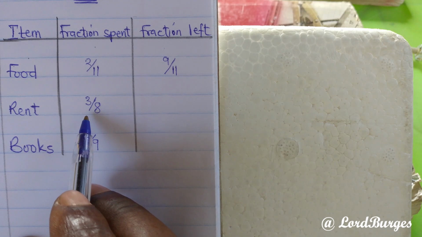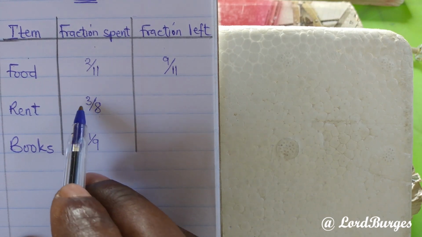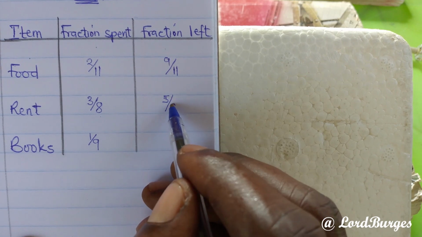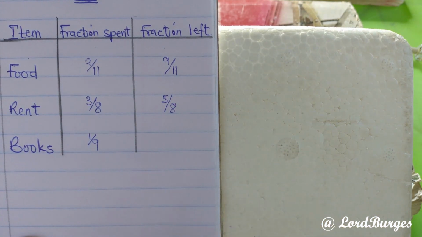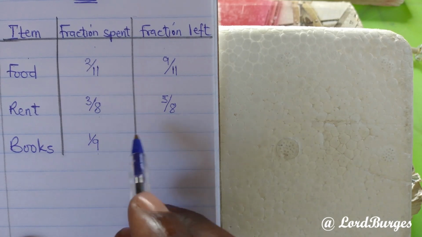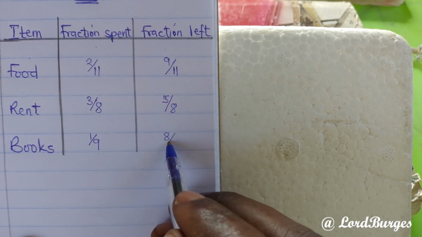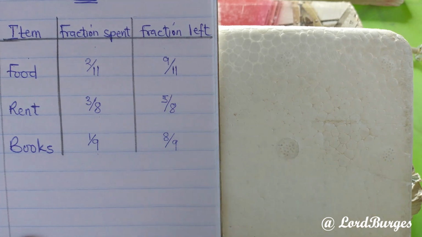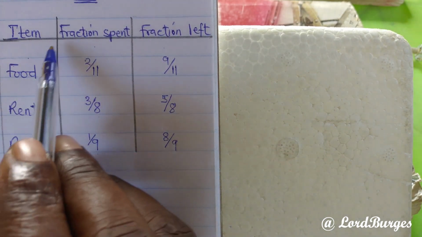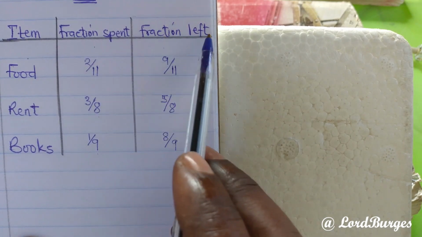With the rent, out of the 8, 3 was taken. So it is left with 5 out of the 8. With the books, out of 9, 1 was taken. So it is left with 8 out of 9. So draw your table nicely like this and fill in your fraction spent and fraction left.